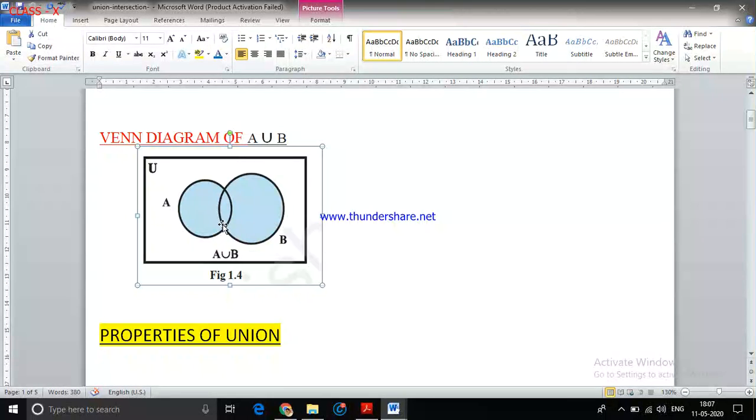Those numbers will be counted during the set A as well as in set B. So twice we are counting this intersection part, but it has to be counted only once.